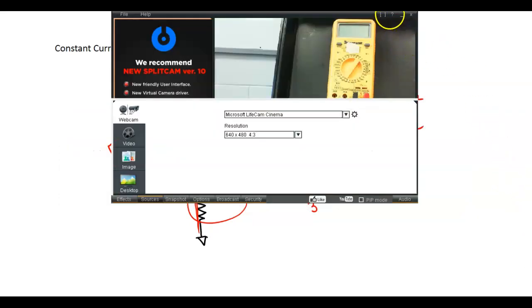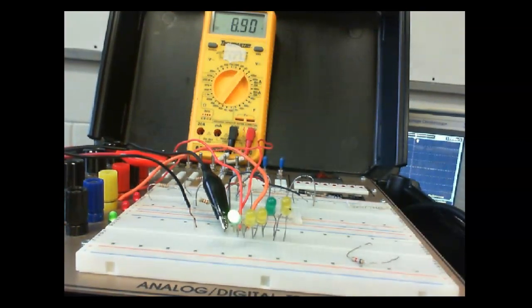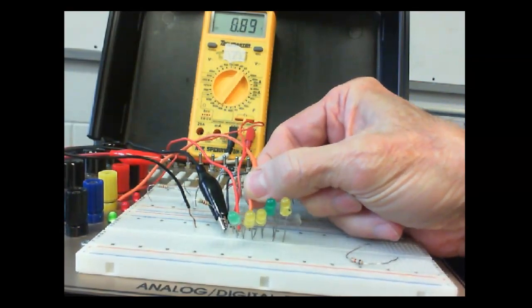So this is the actual circuit here. And this meter right here is measuring voltage collector to emitter. Right now I have one diode on, and my transistor is dropping 5.37 volts. I'm going to move over to another diode.